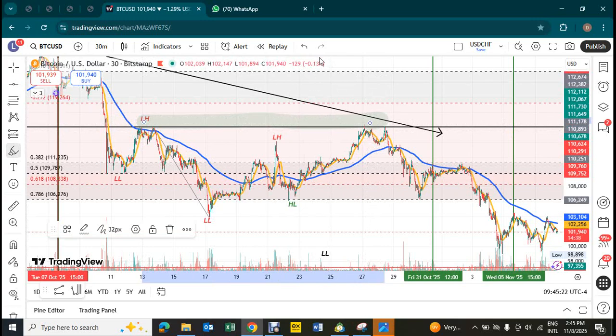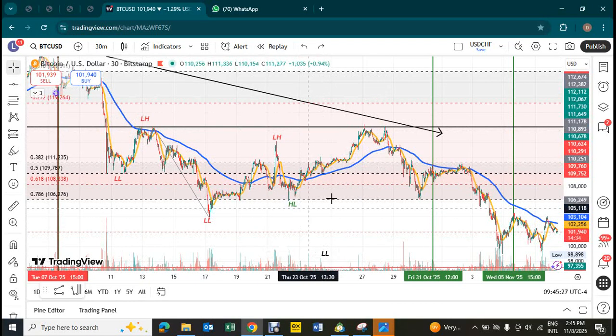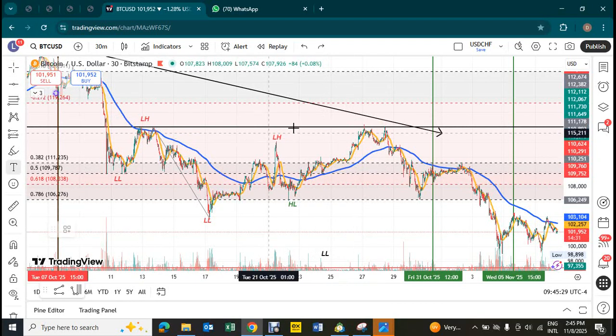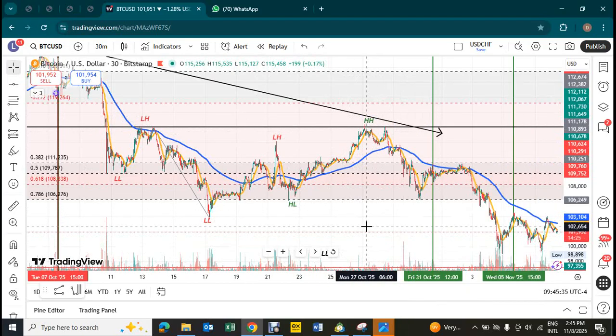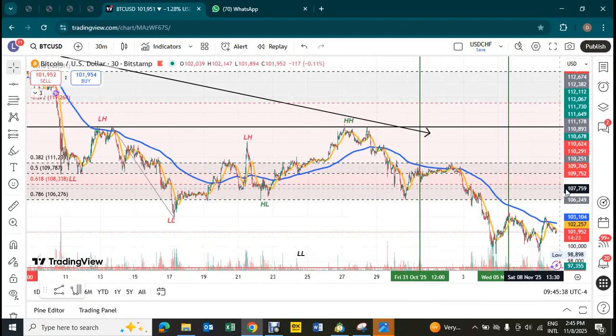So we have higher low here. Now we have higher high here. Now we want to see a higher low.